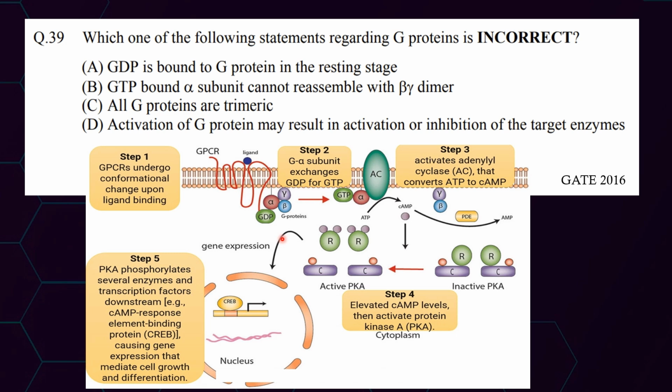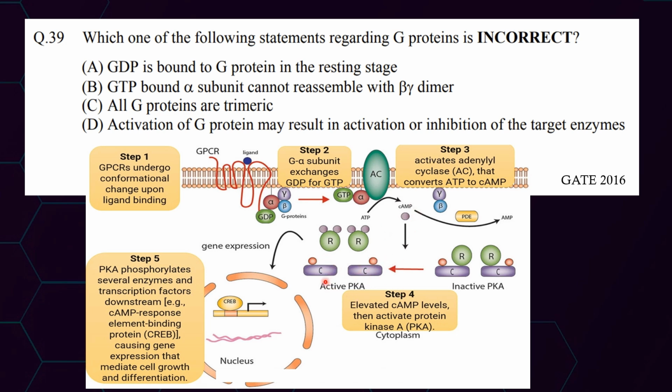Then they are saying, once there is a GTP, step 3 is to activate adenyl cyclase. Adenyl cyclase is activated and converts ATP to cAMP. cAMP is a secondary messenger. It elevates cAMP level, which then activates protein kinase A. PKA is inactive and becomes active once cAMP levels are elevated.